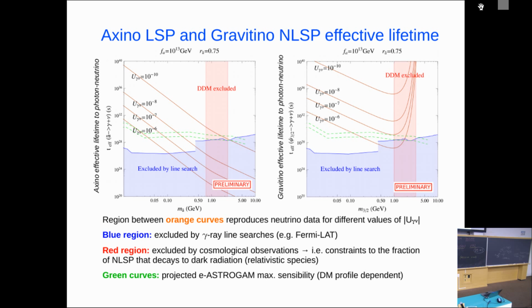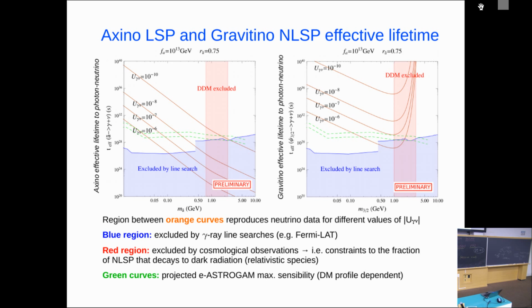This is the mathematics here, and it is in these lines. And this was the projected curve for e-ASTROGAM. We don't know what is going to happen with e-ASTROGAM, but in principle we are using this in such a way to see that there is a region that we can reach here.